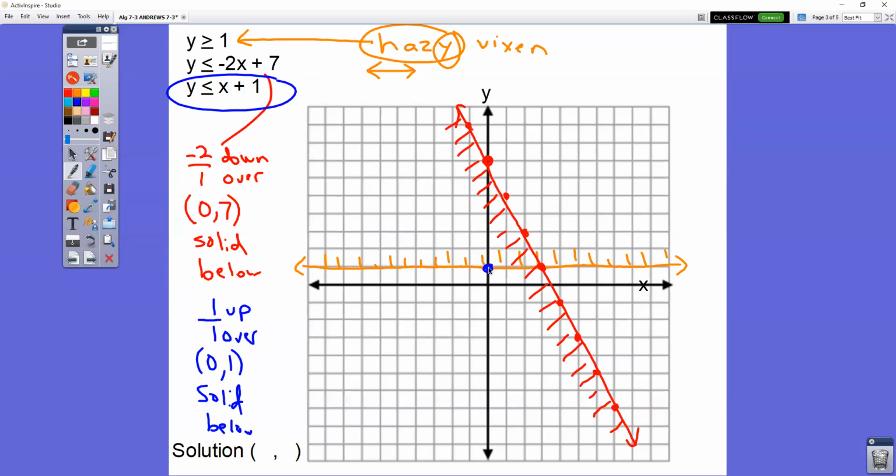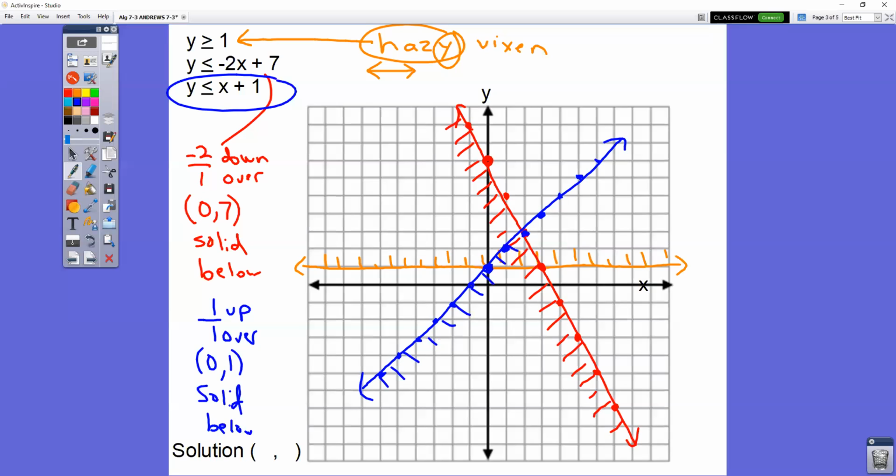And now I'm going up 1 over 1, up 1 over 1, up 1 over 1. I'm going to just work that same pattern going backwards, just to get a little bit of a longer line. I'm going to use a solid line because you have the or equal to, and I am shading below that line.